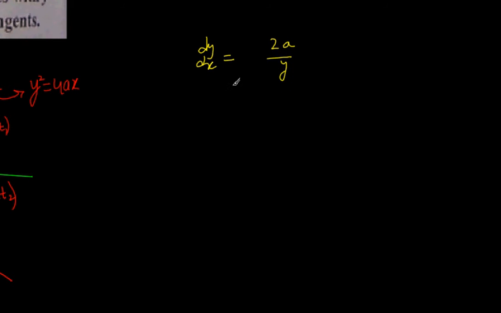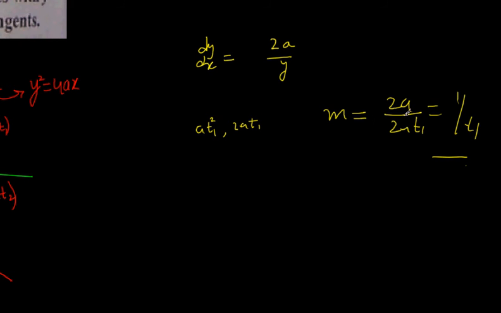It means at (at1 square, 2at1), what would be dy by dx? m would be equal to 2a by 2at1, which means 1 by t1. Correct?